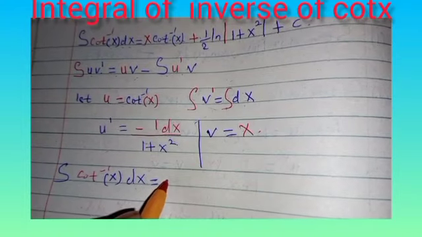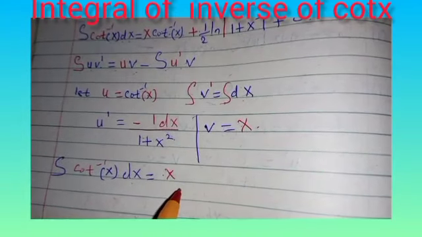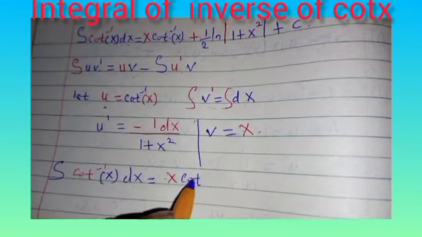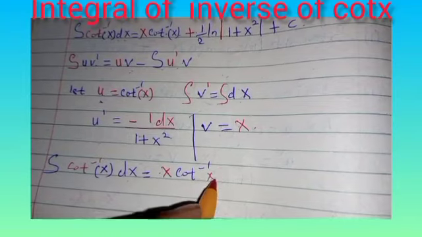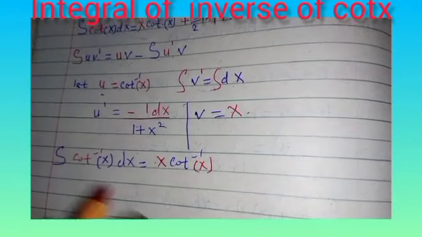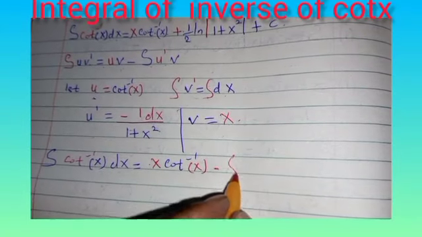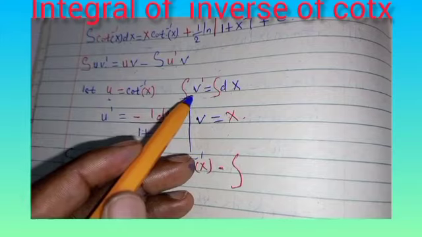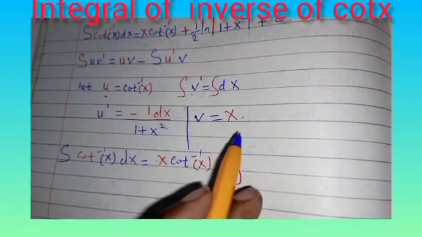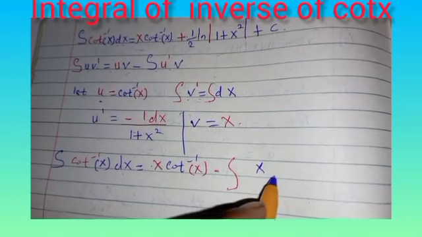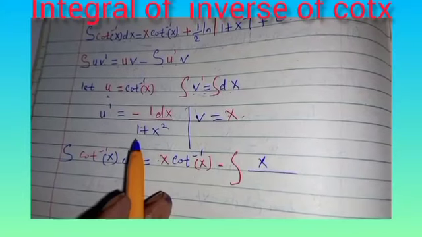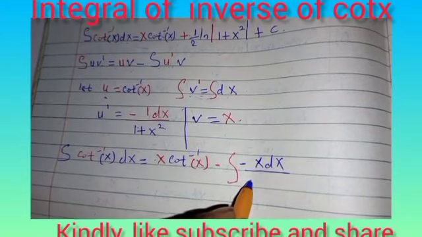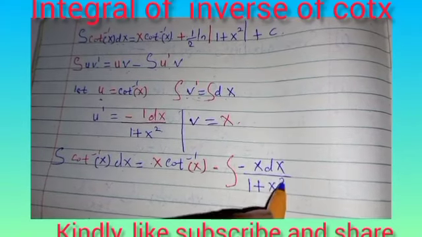So this is equal to x multiplied by our u, cot inverse of x, minus the integral of our v, which is x, times our u prime, which is negative 1, so you have negative 1 dx divided by 1 plus x squared.